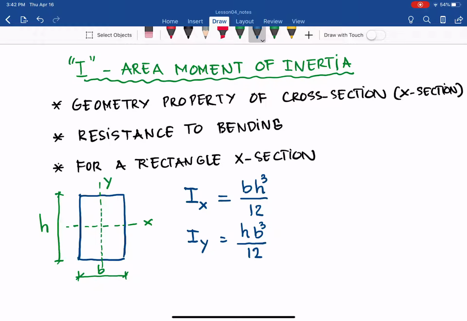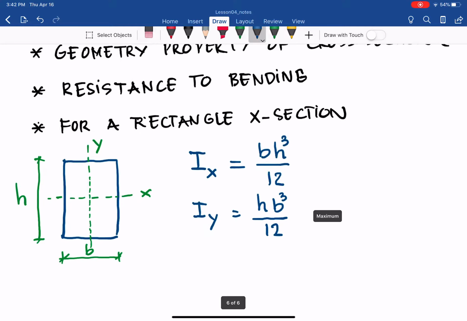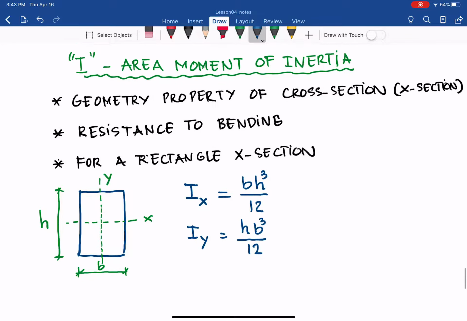So how can you understand, for a certain axis, how to find the area moment of inertia for that axis with the rectangle? You need to know where the axis is. In this case, for example, x. Then the width b, as you can see here, is parallel to the x-axis, and the h is perpendicular to the x-axis.